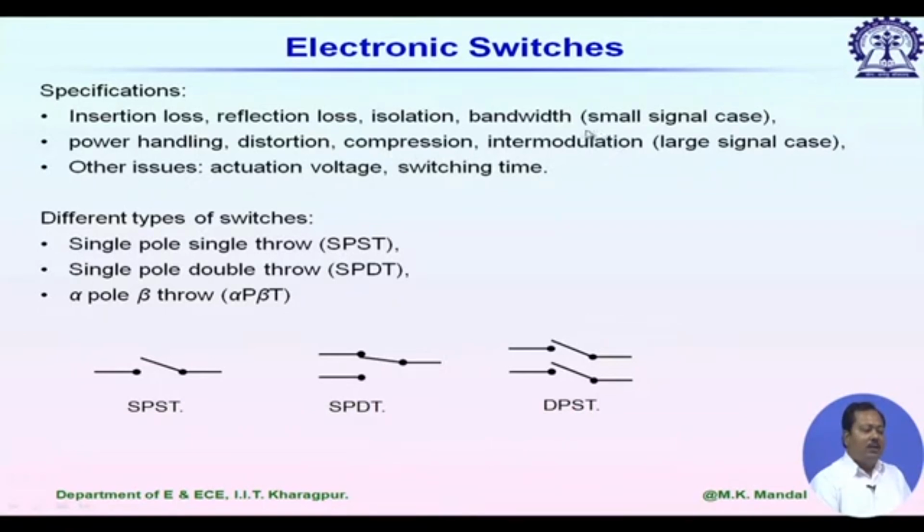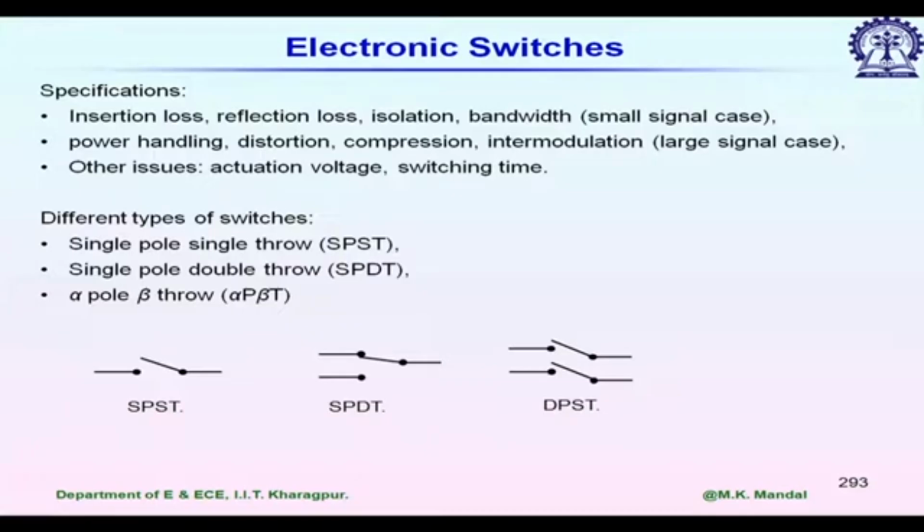Then what is the effect of intermodulation? Because of the non-linearities, we may have distortion or intermodulation effect, and why is it so important? Because it can generate some other frequency components which can interfere at the receiver side. So, we have to be very careful about these points when we go for high power applications.